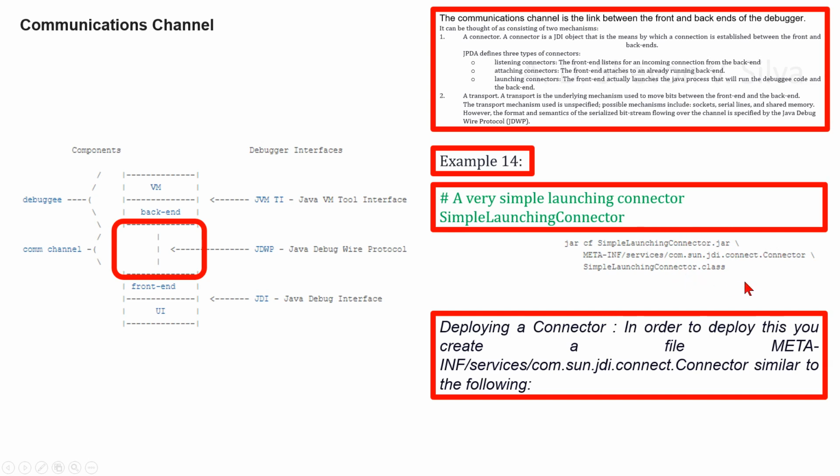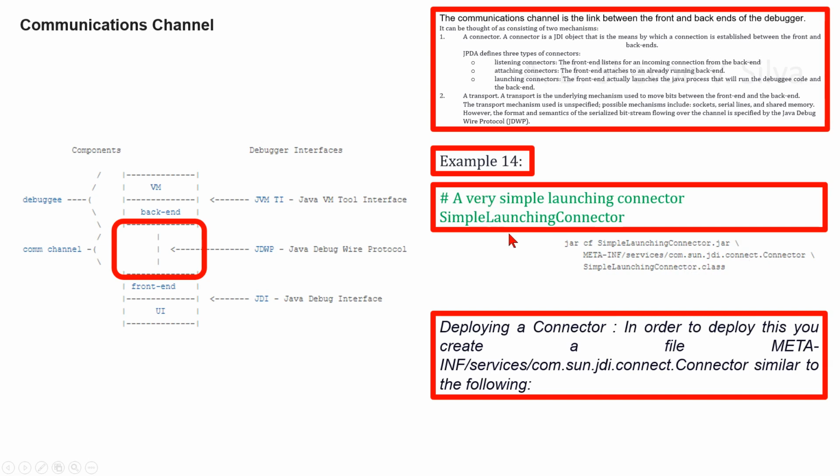Suppose you wish to deploy a launching connector named SimpleLaunchingConnector. In order to deploy this, you create a file META-INF/services/com.sun.jdi.connect.Connector similar to the following.